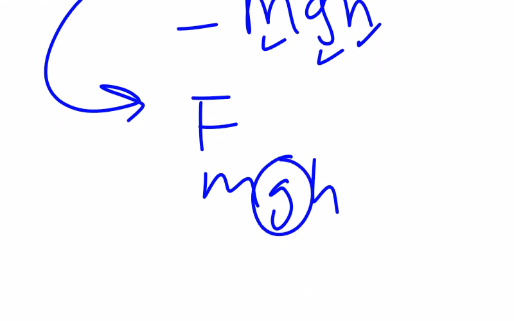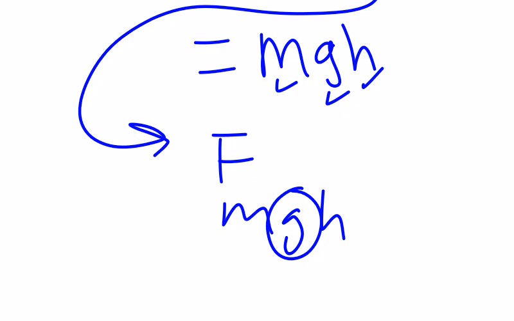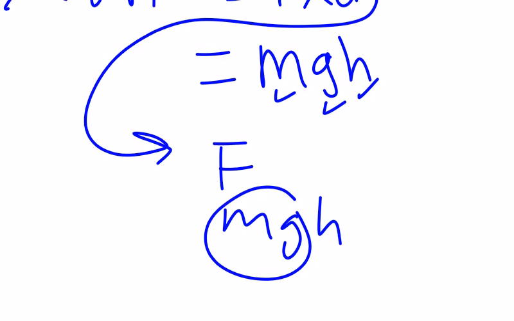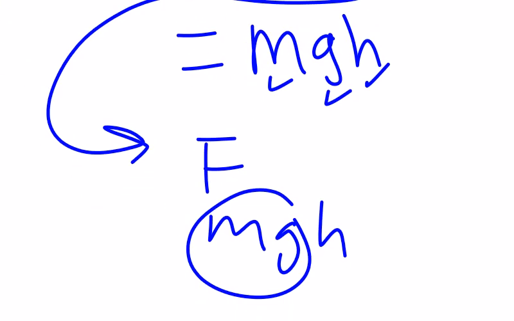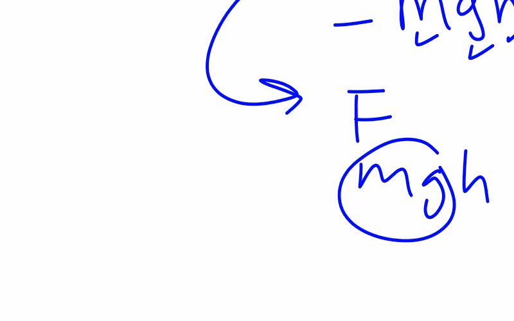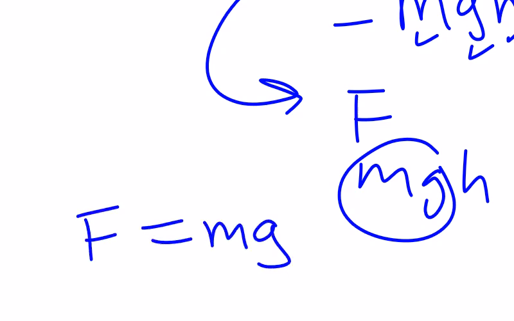Here g is acceleration due to gravity, but what is important for you to note is that we have mg here, and we have F here. This mg is force, because initially we defined force as mass times acceleration due to gravity. So this is a force actually.